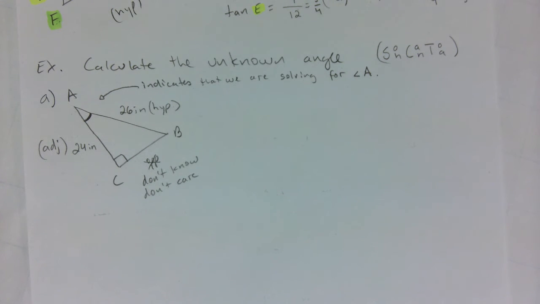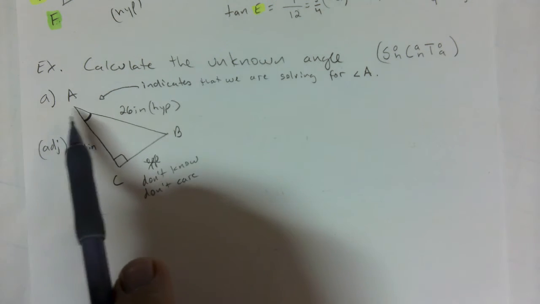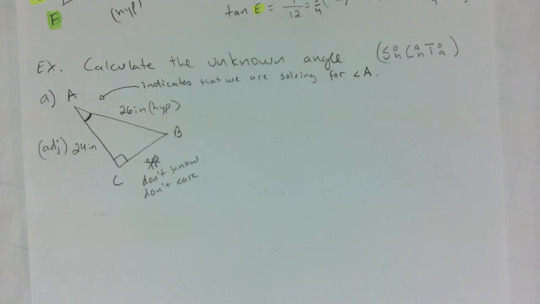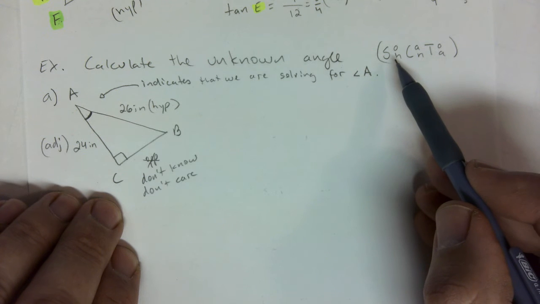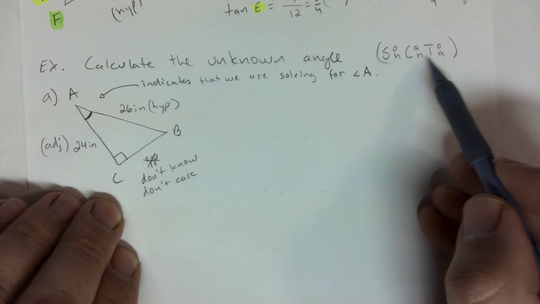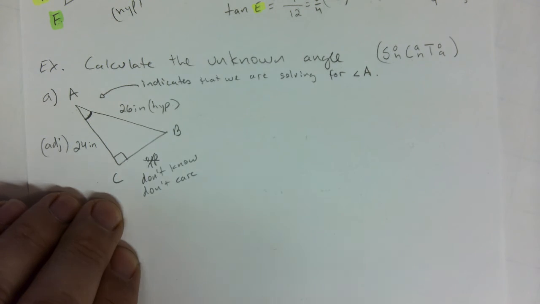Just don't worry about it. Okay? And here's the kicker. Once you've determined the don't know, don't care, right? In this particular triangle, we're trying to find out what angle A is, which we will do in a bit. But you can only pick sine, cosine, or tan. You have to pick one of them, and only one of them is right.